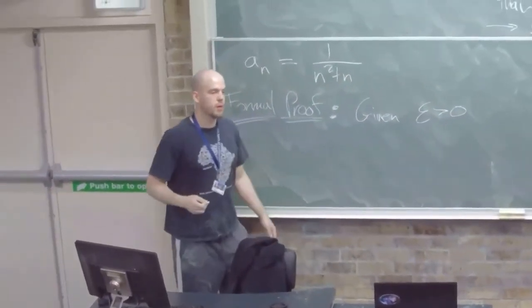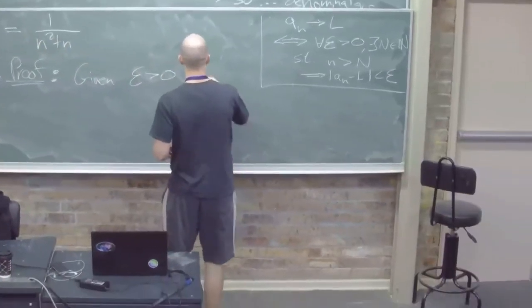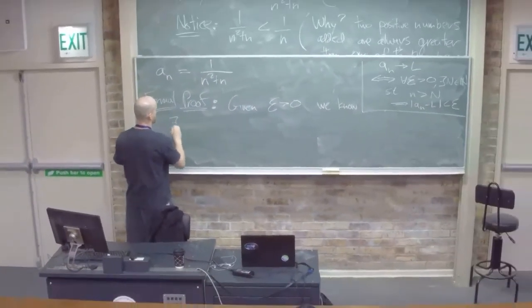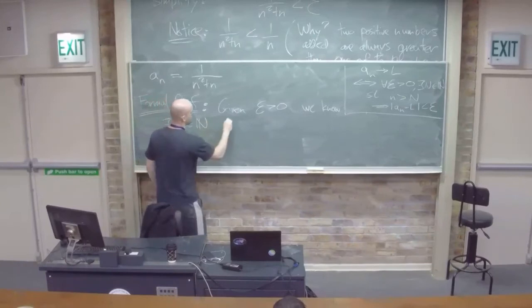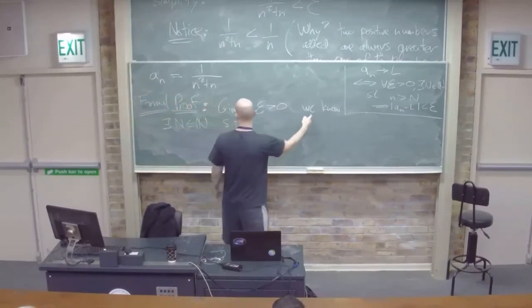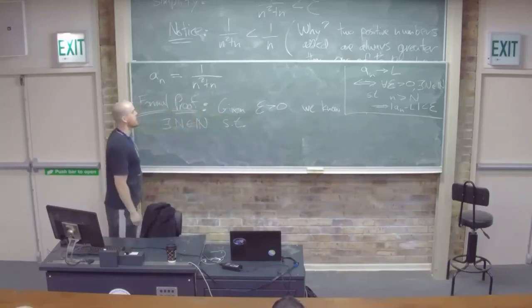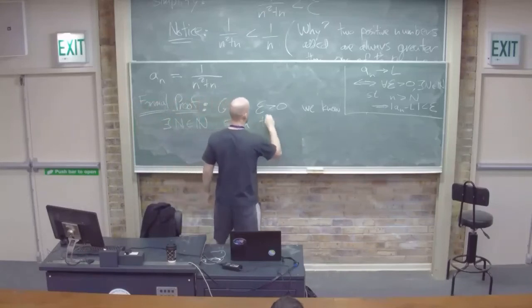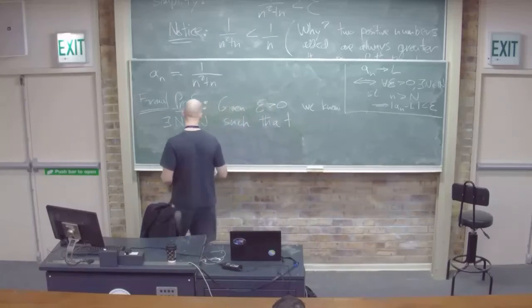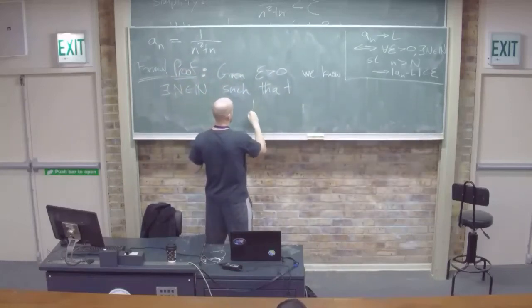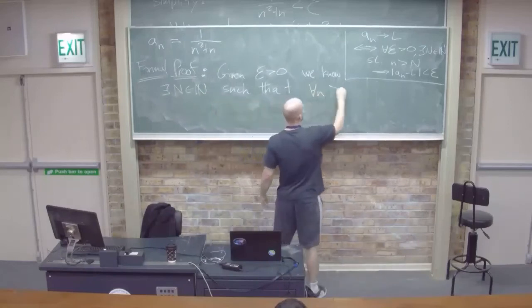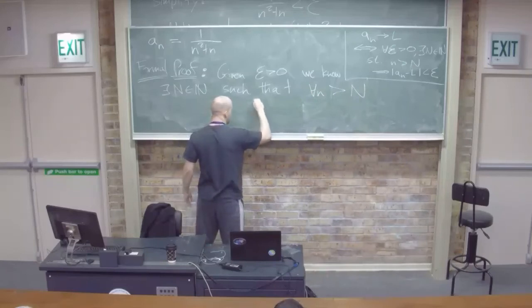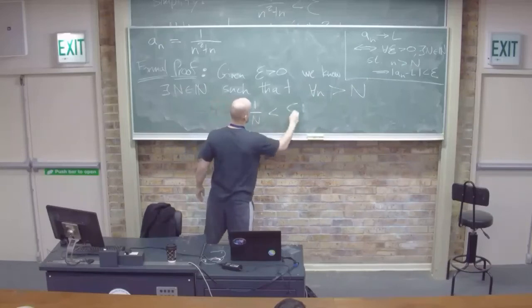You could say by the Archimedean property, but it would be sufficient for me at this point if you say we know there exists a capital N such that, and maybe for all n greater than that capital N, we know that 1 over capital N is less than epsilon, okay?